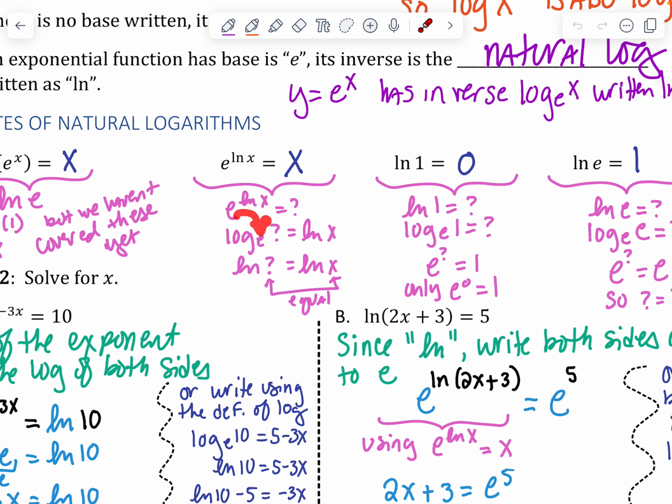So we have log base e of some unknown value, and it's equal to whatever the exponent was. Now that I have this equation, I know that the log base e could be written as ln. So if I've got ln on both sides, then these equations are only equal if the question mark equals x. Therefore, e to the power of ln of x equals x.